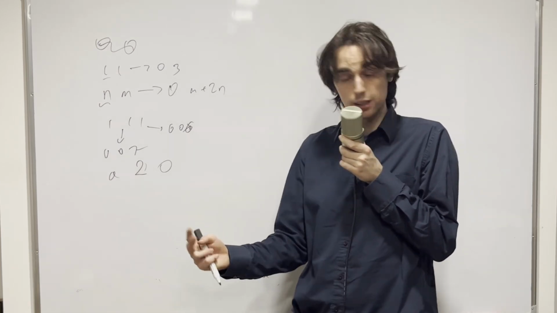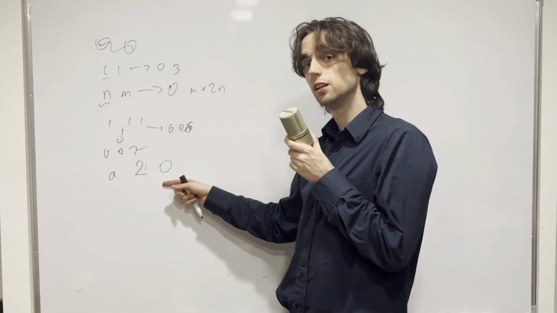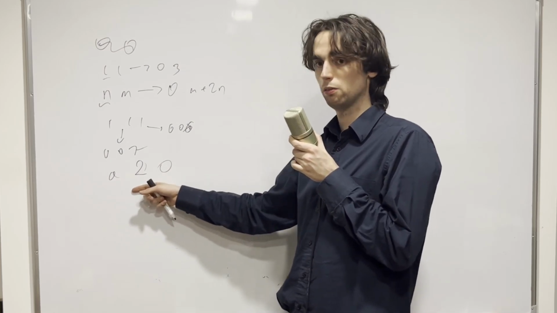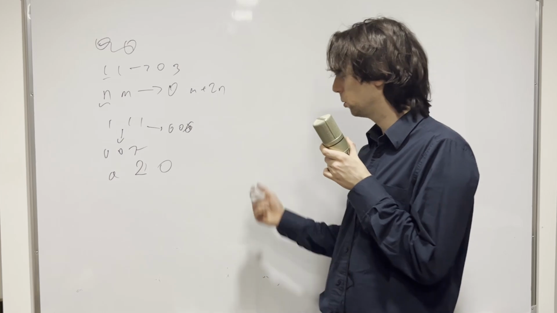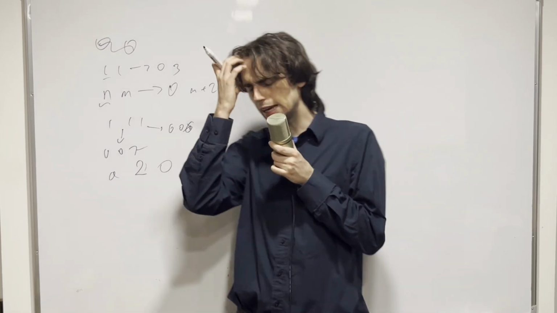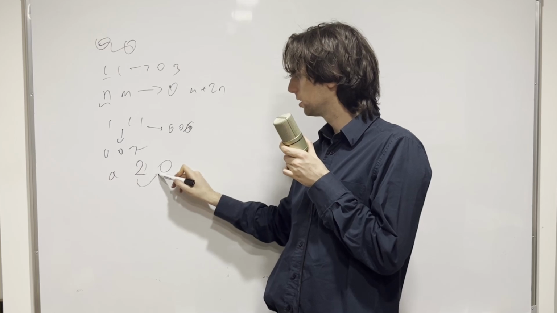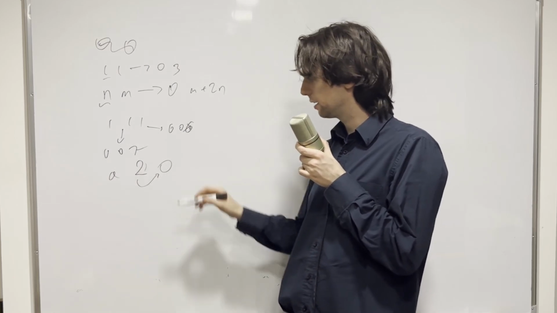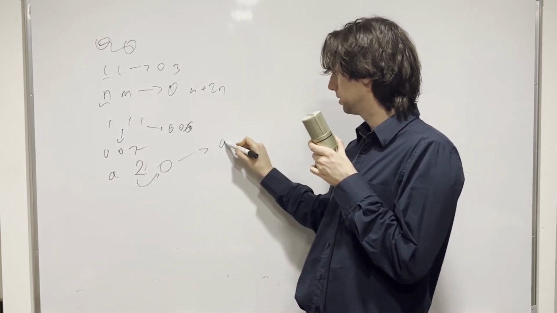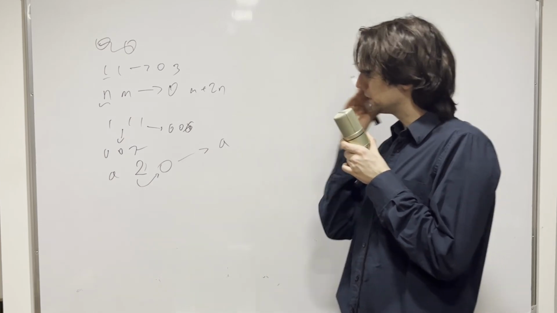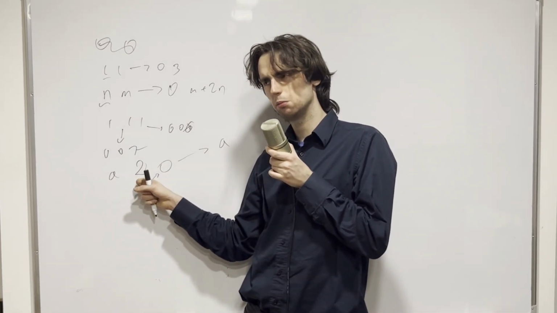Well, I have two options, right? I can double this, or I can do operation 1 on A, get this to 4, and I'll get an 8. And in either case, if I do first the doubling here, I'll get a 4, right? So does the sequence of operations matter?